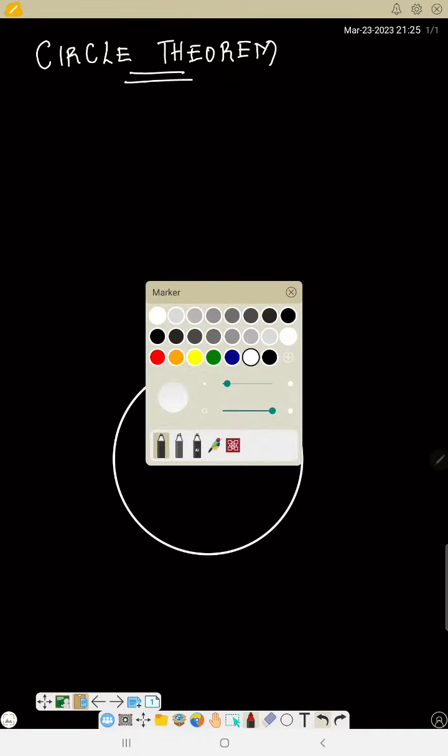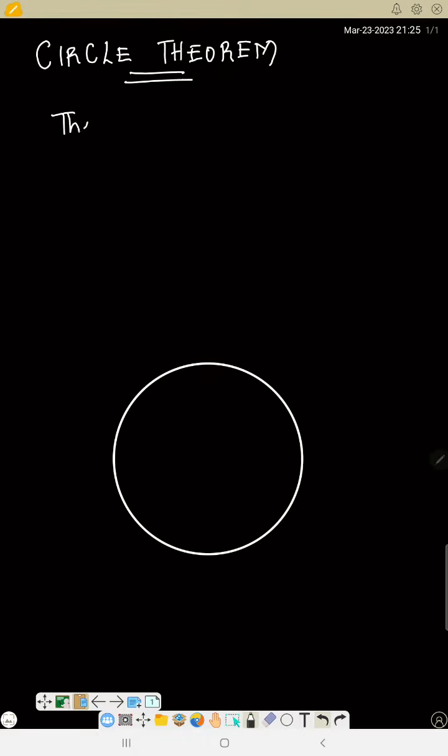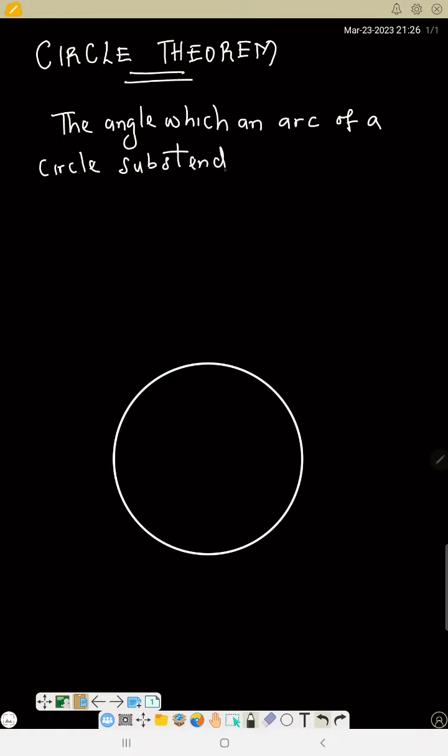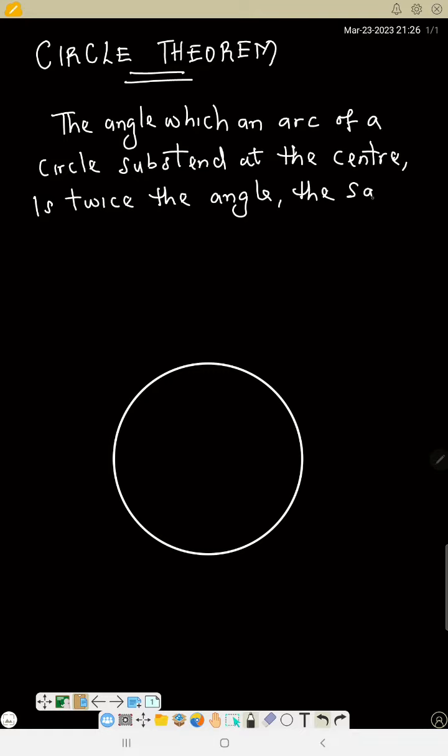The first theorem I'll discuss is, let me write it: the angle which an arc of a circle subtends at the center is twice the angle the same arc subtends at the circumference.